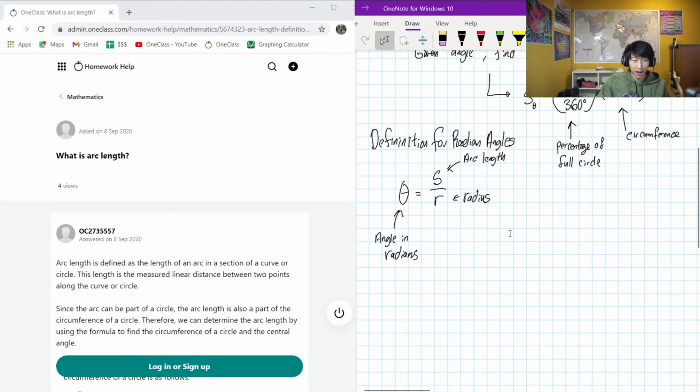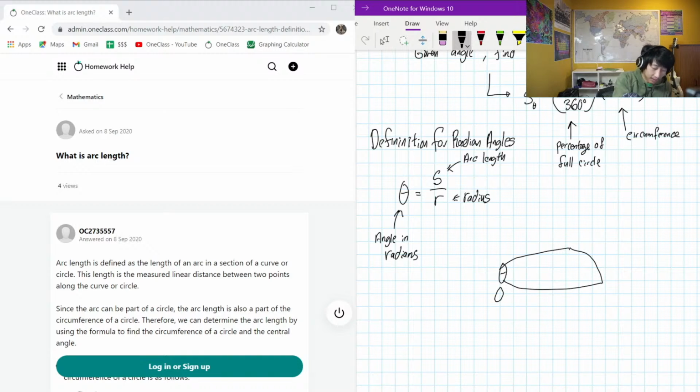Now, I'm going to give you some secret sauce on a great way to remember this. You want to think of an eye, right? So, this tear duct that we have cries tears when we're having sad times. Let's not draw that tear because we're happy right now. If we have an eye like this, this could be represented as S, the arc length.